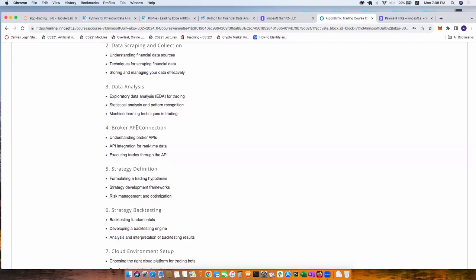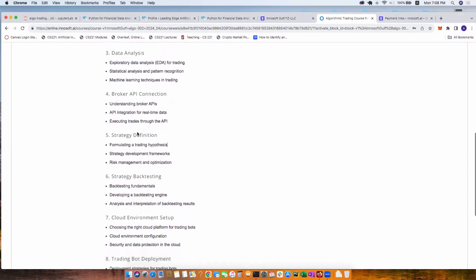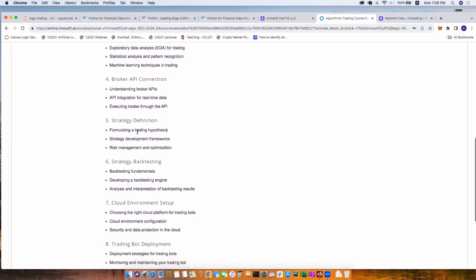If you are trading crypto, that would be a crypto exchange. If you are trading Forex, that would be a Forex broker, or a stockbroker, so that you'll be able to execute transactions, buying and selling assets, using the API that the broker normally provides.